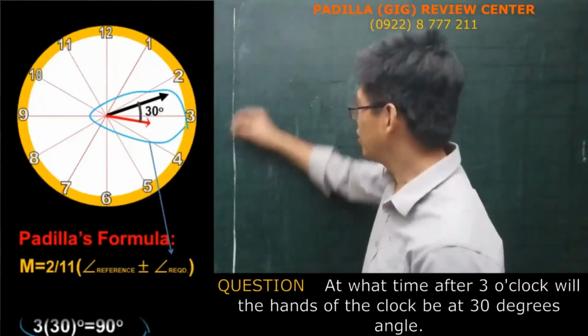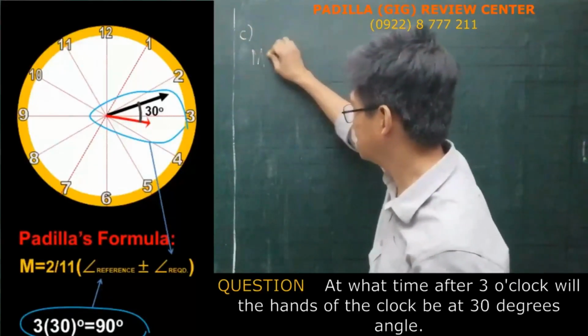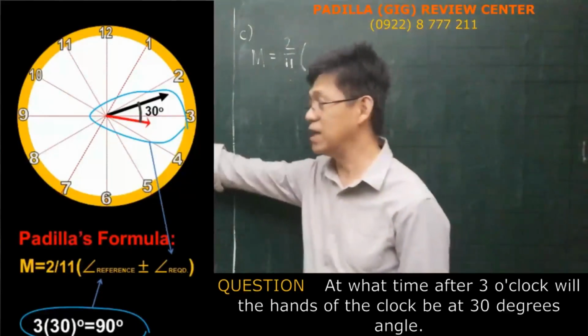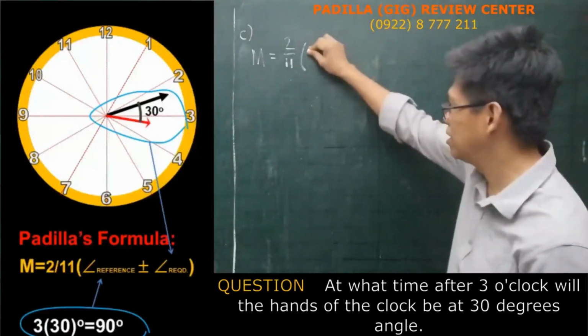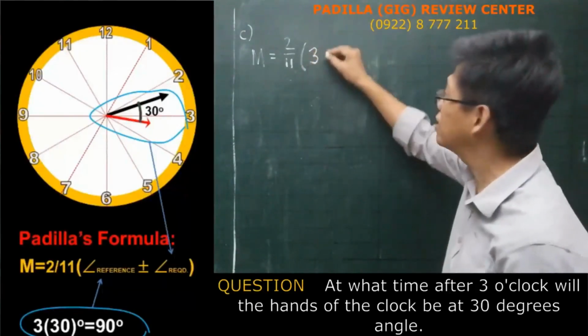Okay. So, your Padilla's formula is M equals 2 over 11 times H times 30 plus and minus 30 degrees. Your H is 3 because it's after 3 o'clock.